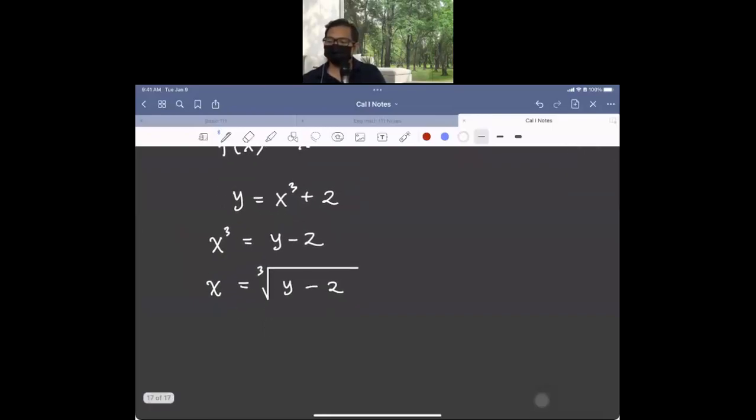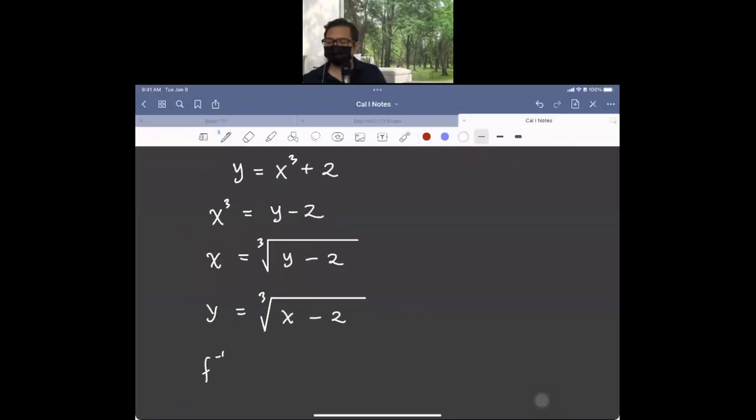And then we interchange x and y, because we want to write in the variable x. So the f inverse is this.